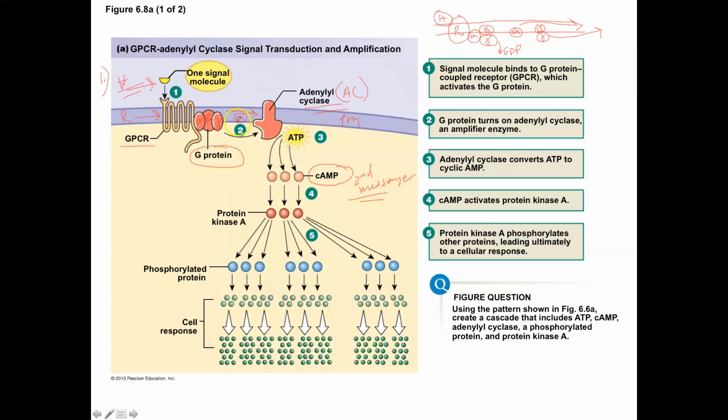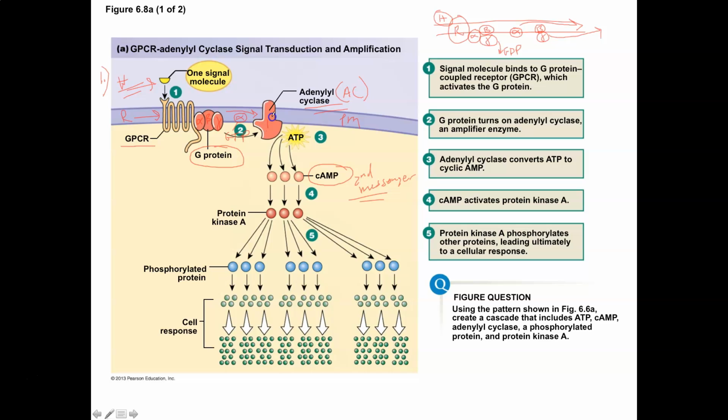That subunit will attach to itself GTP. So the alpha subunit will pick up GTP. That's a higher form of energy. And that alpha subunit will leave behind the beta gamma, and it'll move through the plasma membrane and attach to an enzyme called adenylate cyclase, or also known as adenylyl cyclase.